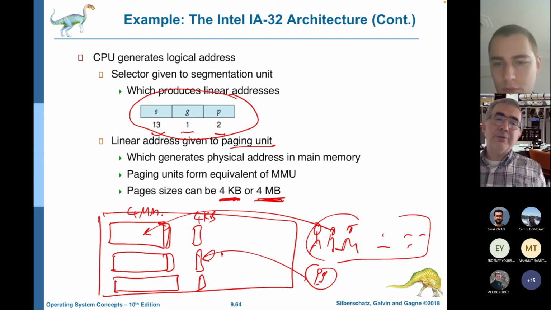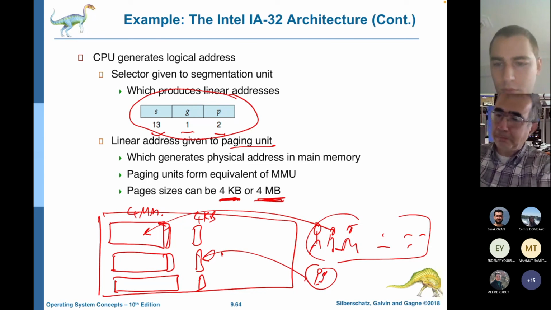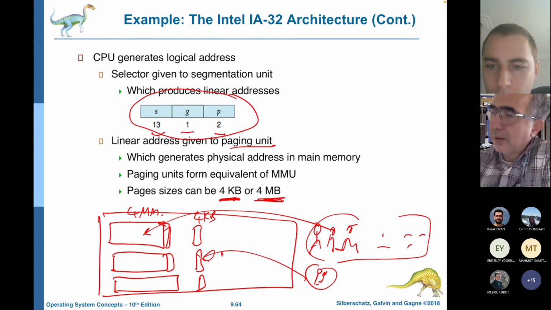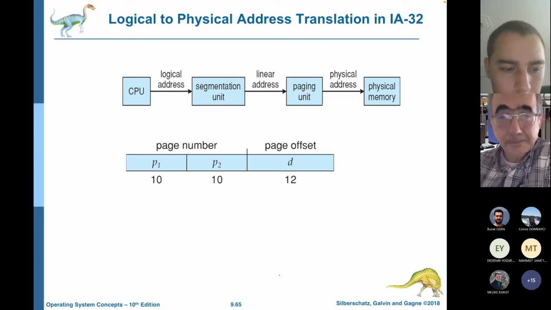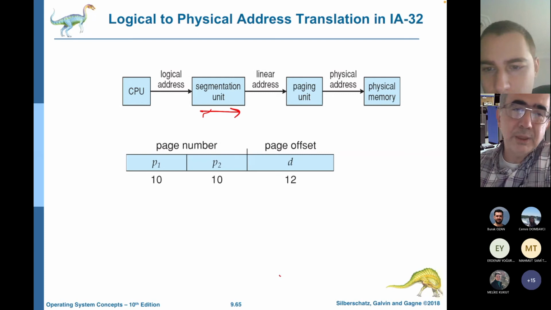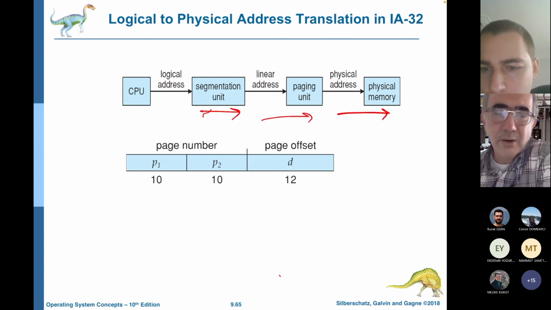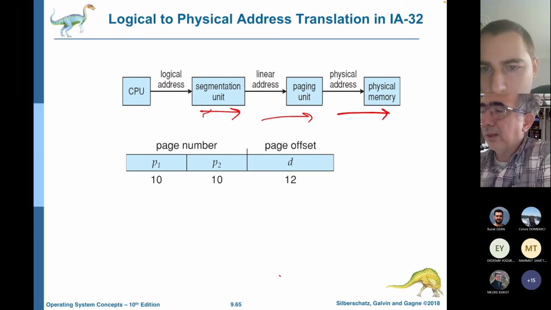Therefore, the number of tables and table IDs and table lists can be reduced significantly. Segmentation and paging together, we said. First, there is segmentation, and within segments, there is paging, then physical memory. So this is how Intel is doing its business.